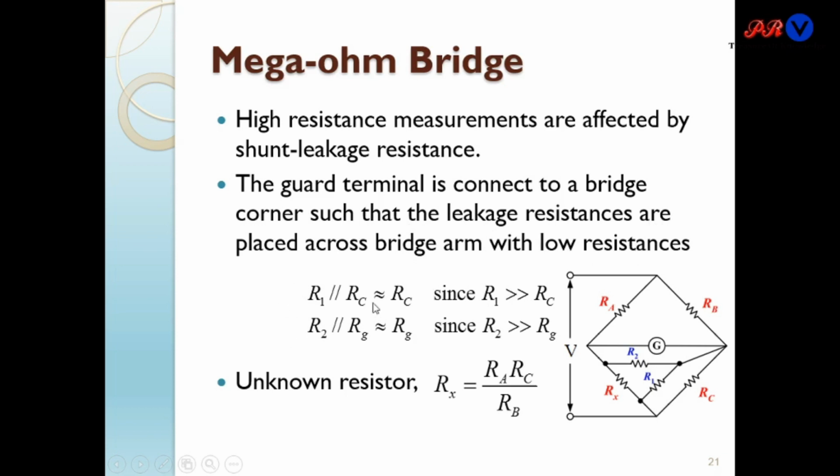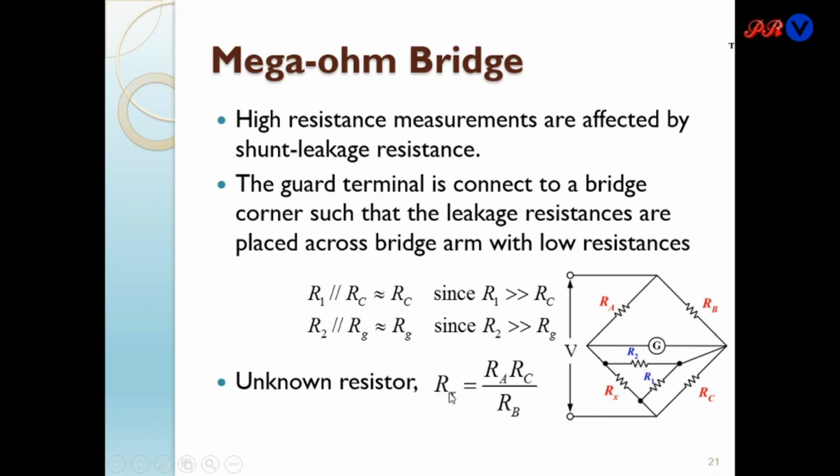So these are the conditions: R1 in parallel with RC approximately becomes RC, and R2 in parallel with RG approximately becomes RG, because R1 is very much greater than RC and R2 is very much greater than RG. These three values are always very high in a mega ohm bridge, in the order of mega ohms.